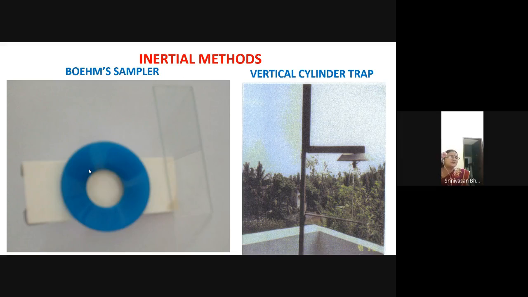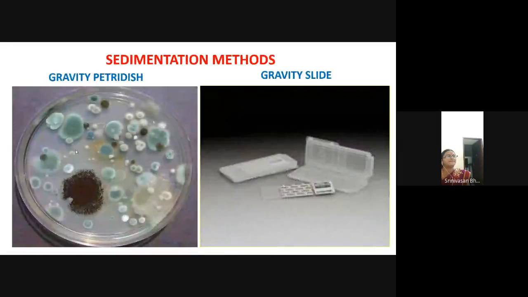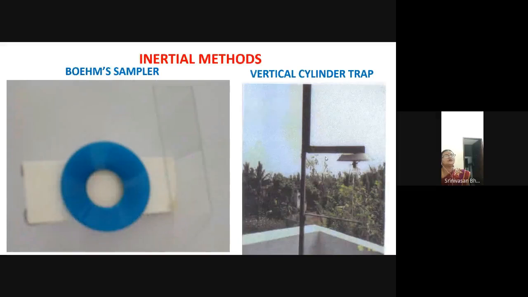And this glass rod is taken to the vertical cylinder trap. You can see the vertical cylinder trap, which is made of iron, and there is a slot for holding this glass cylinder in a vertical manner. And you can see the rain shield on the top, which protects the glass cylinder from rain.